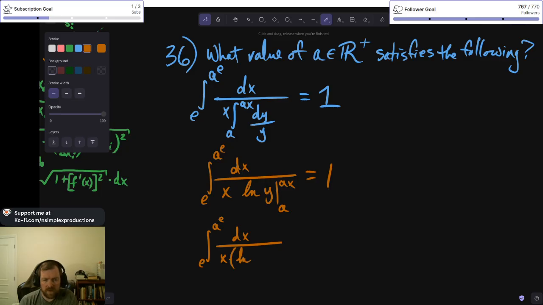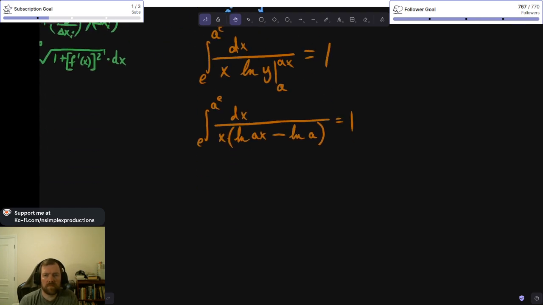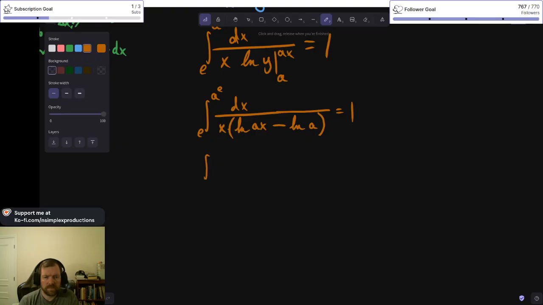Natural log of ax minus natural log of a is the natural log of ax over a. So those are gone. We're just left with the natural log of x.